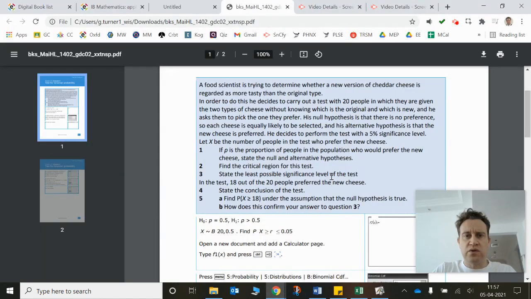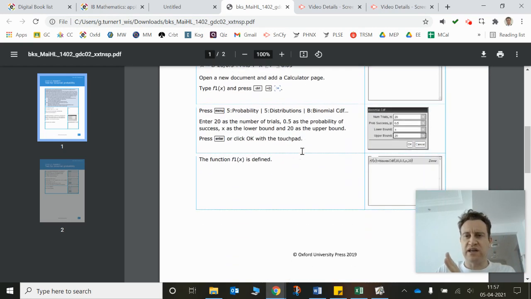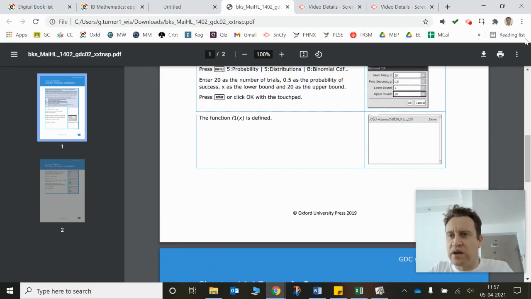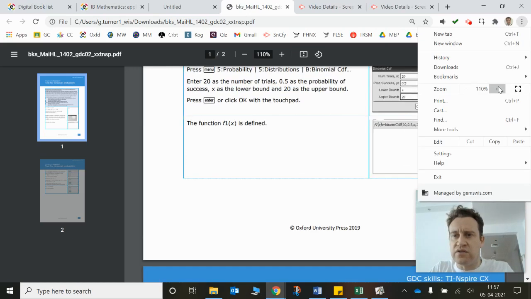Hi there, guys. So this is also done in the book via a calculator method. You can click through the calculator method. It's different to the way in which the book has done it themselves, because the way in which they've done it here is to come up with a table of values. Let's try and zoom into this.